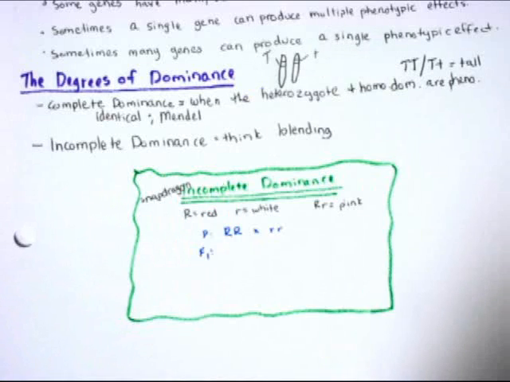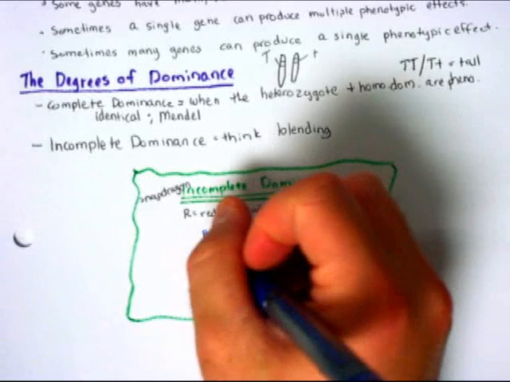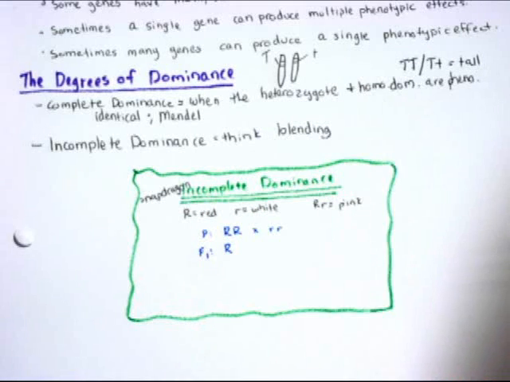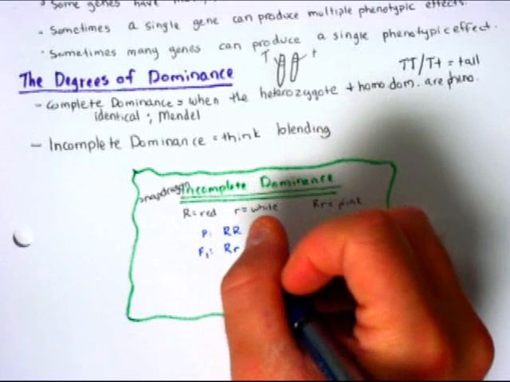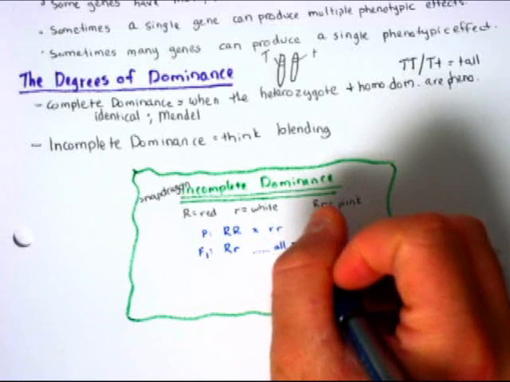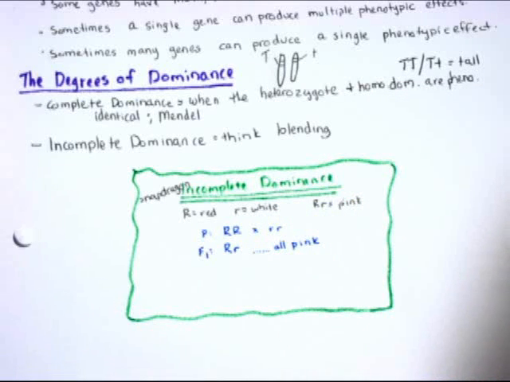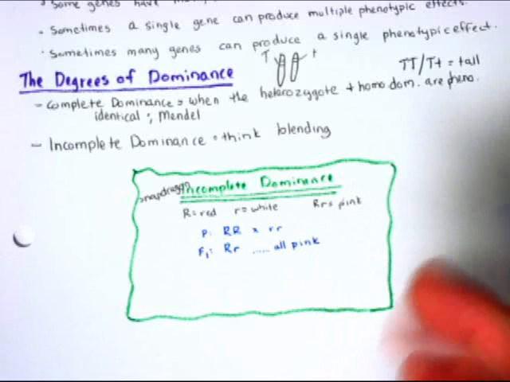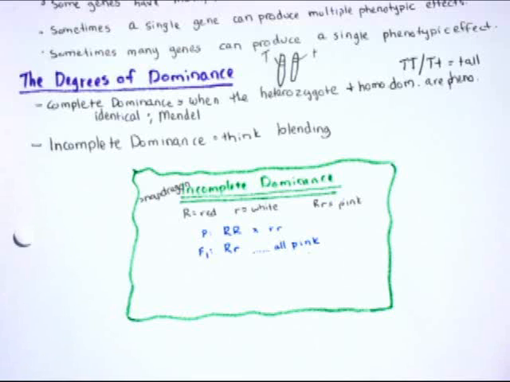They would all be what genotypically? Big R, little r, which would be phenotypically all pink. Mendel would have said they would be red, but because it's incompletely dominant, we go with pink.